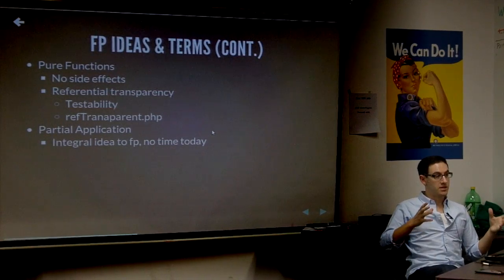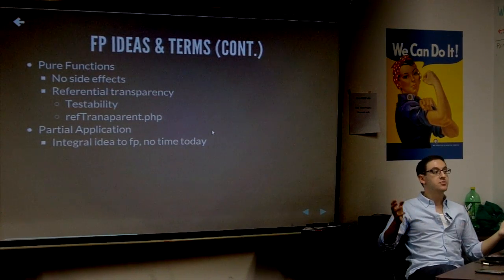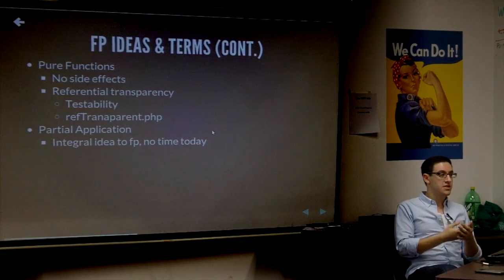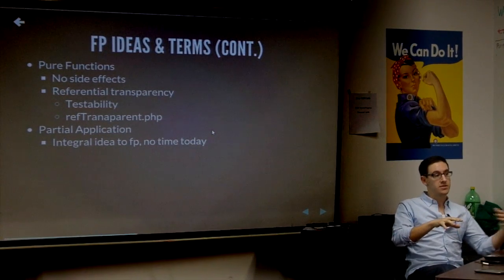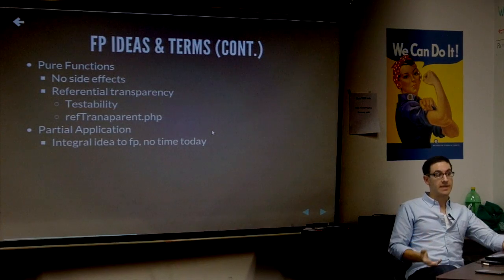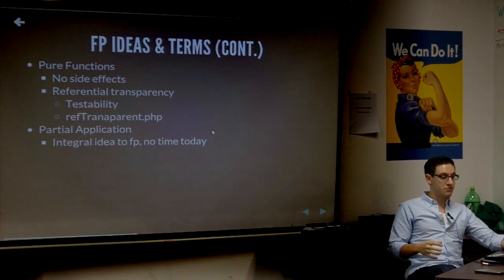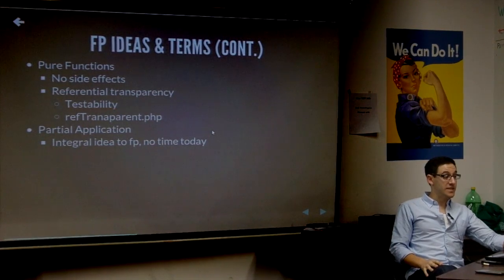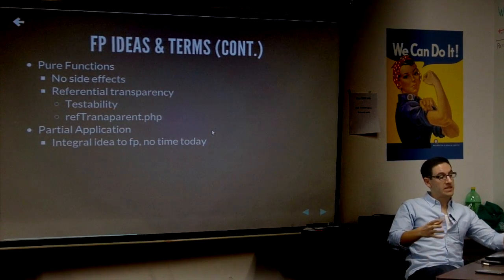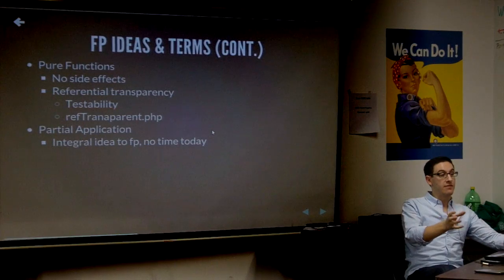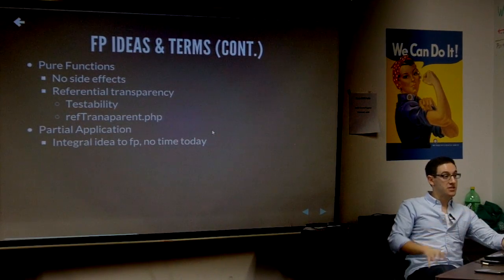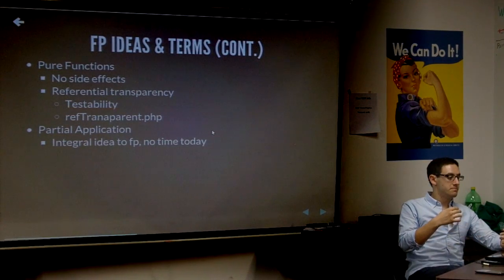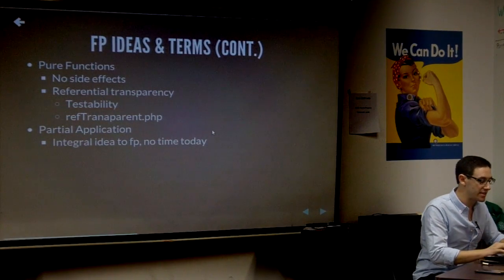If your function has no side effects, or negligible side effects like logging, and it takes a certain set of inputs and always returns the same value from those, then it's referentially transparent. That just means that when you're reasoning about your code, you can substitute in that value for the function. So it makes it very easy to see where the problem is, and like I said, to reason about things.